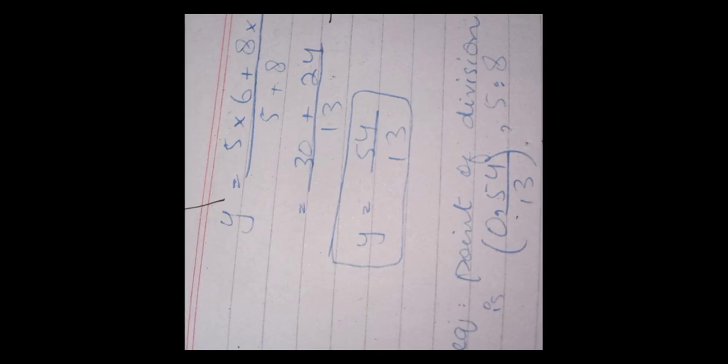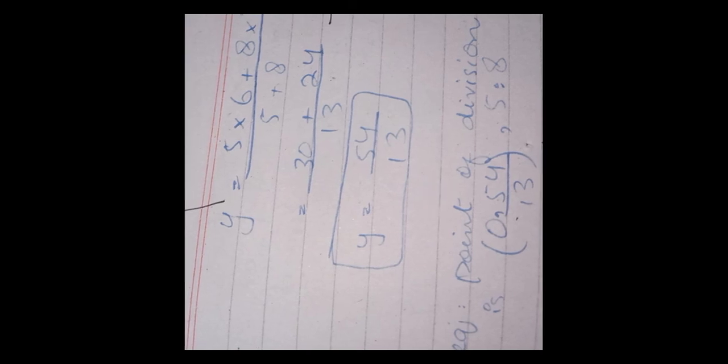Using the x formula we found m1 and m2, the ratios, and then using the y coordinate formula of the point of division, we found the y coordinate.